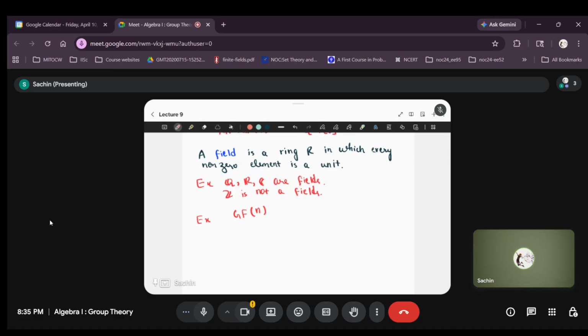If you have A, B, C, D as one group, and A, B, C, D as the other group, and there is a one-to-one mapping like this, and also if A plus B is equal to C here, then capital A plus capital B is equal to capital C in the other group. Then what is the difference between these two groups other than their names?